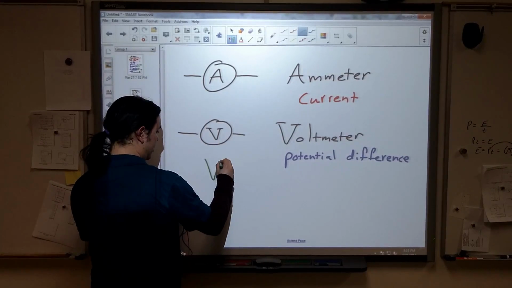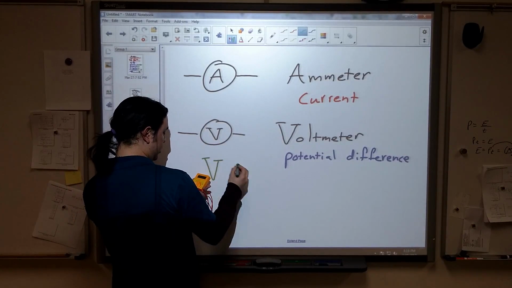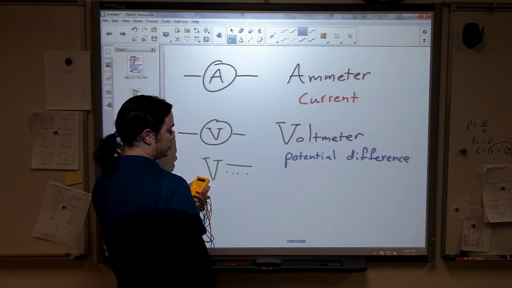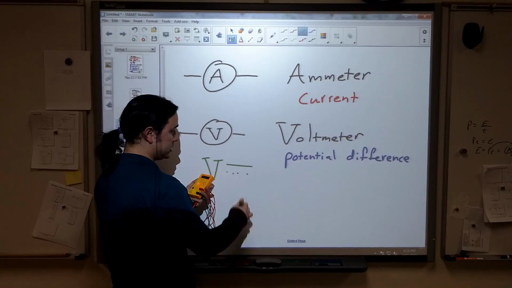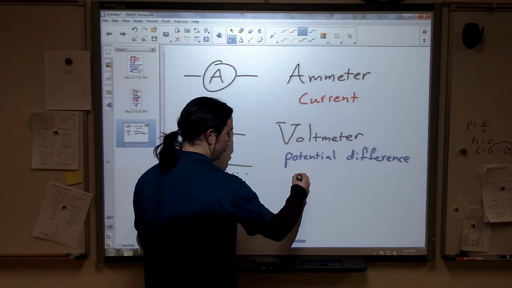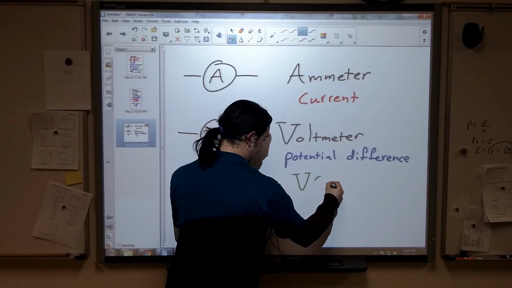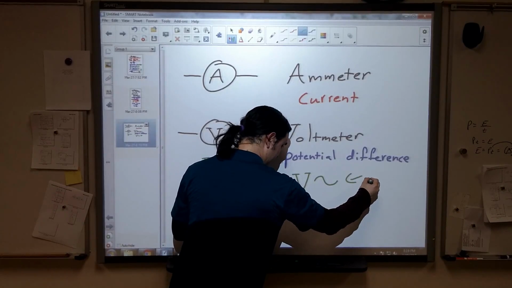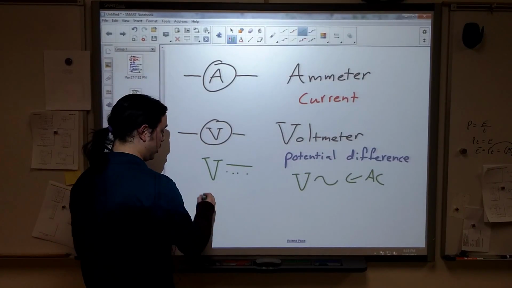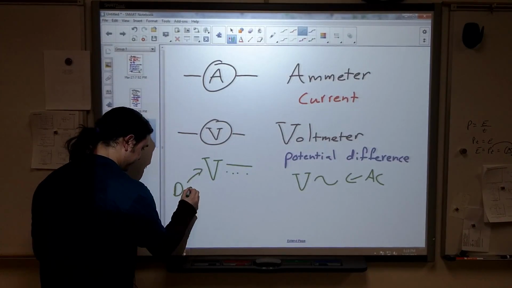So for the voltmeter, the main one that we're actually using is it will have a capital V with a straight line and dashes. This is what we actually use for regular volts, for our voltmeter. This actually means DC current. There's another one that's actually marked with a capital V and has a squiggly line. This is AC. We don't actually cover that for the purposes of our class, nor is it on the AP exam.